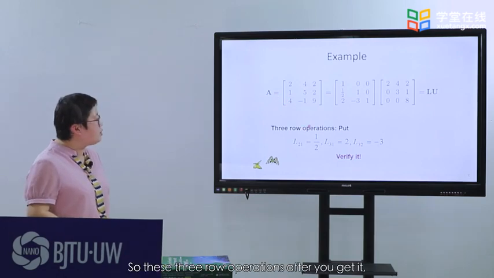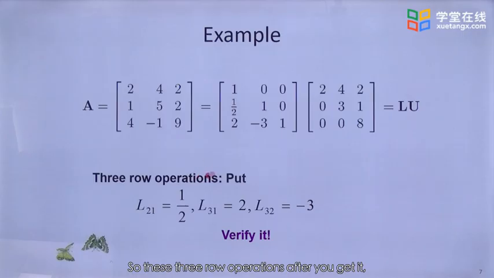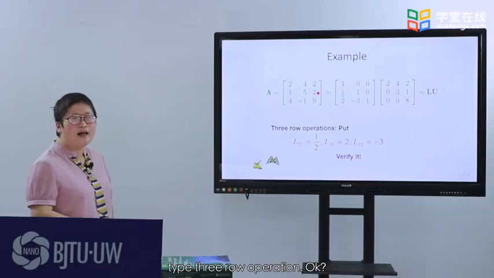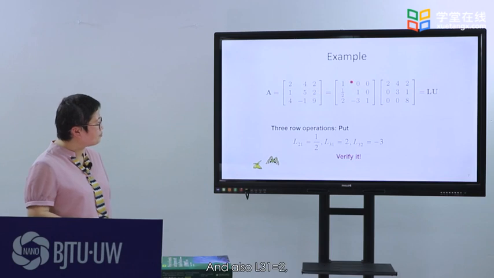So after you get these 3 row operations, for example, here is minus 1 over 2, so L21 equals 1 over 2, just the negative value of the scalar you used before to constitute the type 3 row operation, okay?